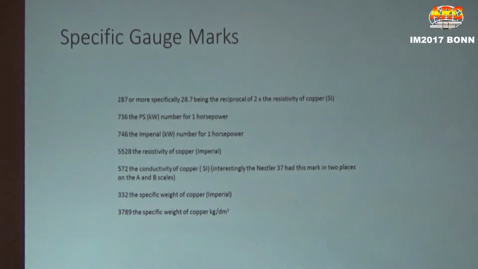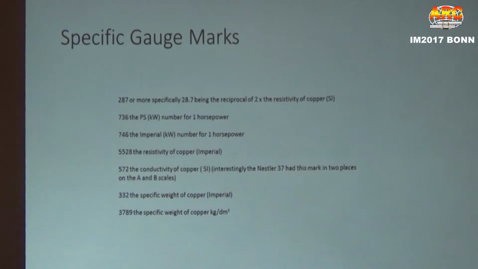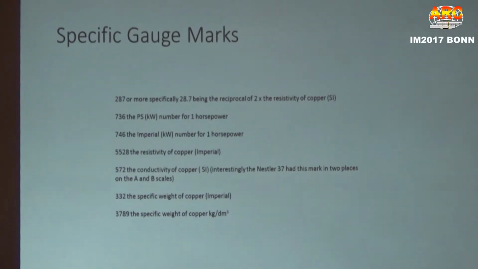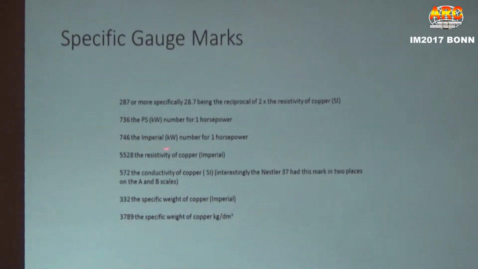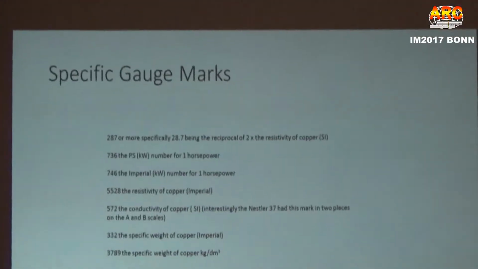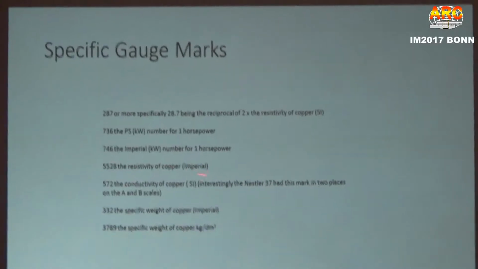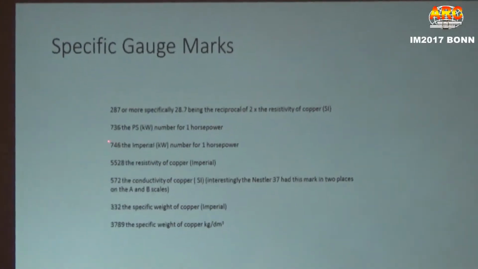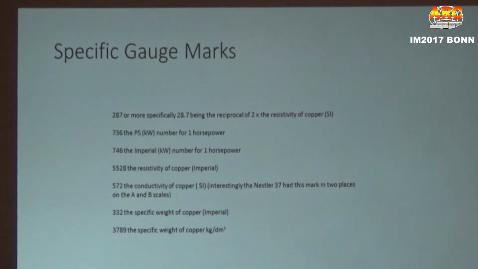Now, other gauge marks, 287, almost specifically 2.87, is the reciprocal of 2 times the resistivity of copper. That's again for if you want to do a 2-wire system. 736, 746, which is just the different kilowatt numbers for horsepowers. Resistivity of copper, conductivity of copper, and the SI units, the imperial ones would have been that.